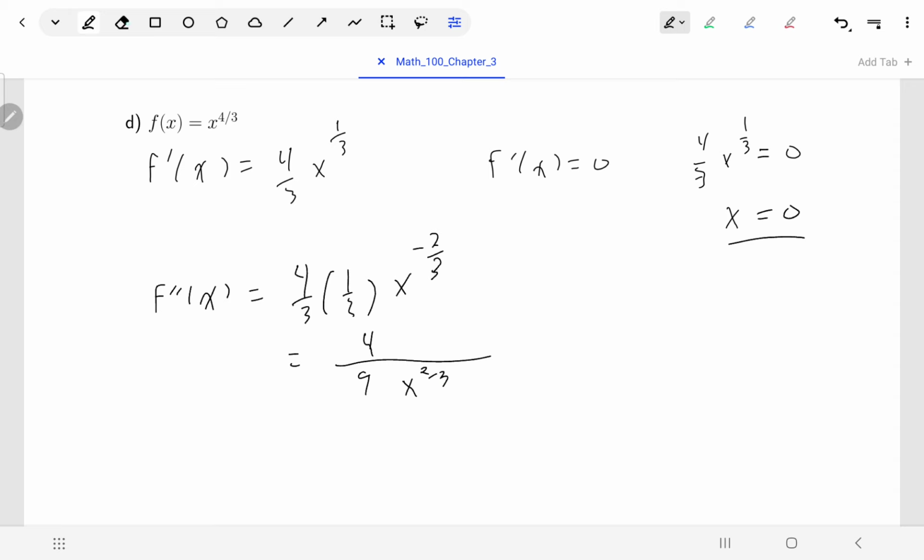And right away I can see a problem, and this is the problem with me using the second derivative test, is that f double prime does not exist when x is equal to 0. This is undefined at x equals 0. So that means I need to use the first derivative test.